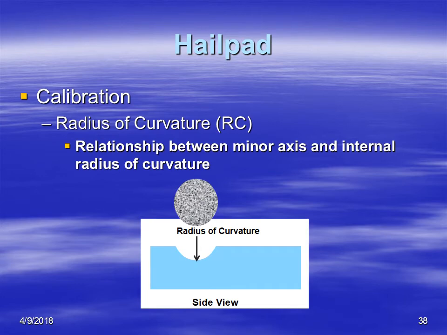Radius of curvature means that there's a relationship between the minor axis and the internal radius of curvature. And the internal radius of curvature is the indentation that's left by the hailstone. So you can measure from the top of the hail pad down into its little valley or trough that it leaves there, the indentation.